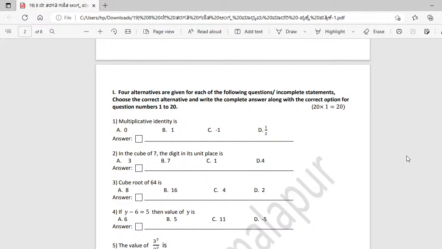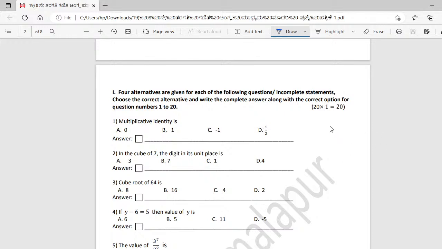The first question they're asking is: the multiplicative identity is dash. This question is a little bit tricky, but not so tough. Everybody knows the multiplicative identity, right?